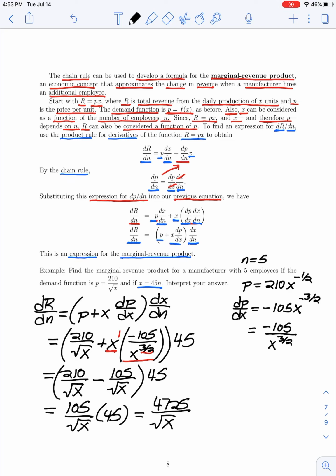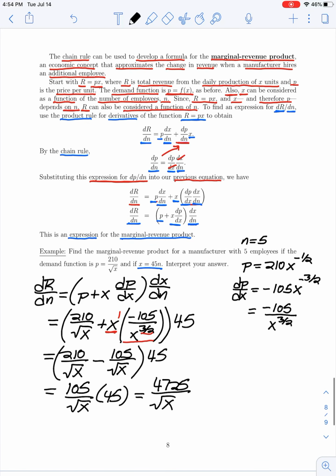So this is a general expression for the marginal revenue product, and here we were given the specific number of employees was equal to 5. So if n is equal to 5, then x is given by 45 times n, so 45 times 5, which is 225.